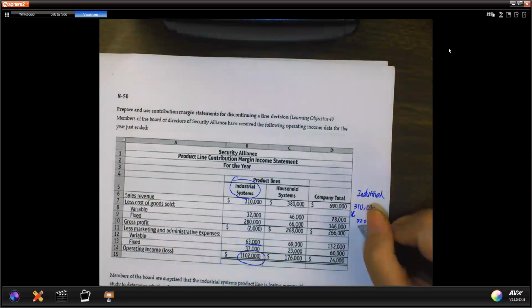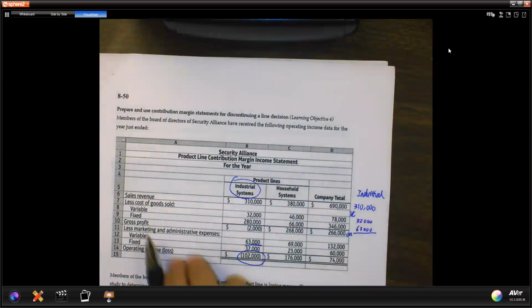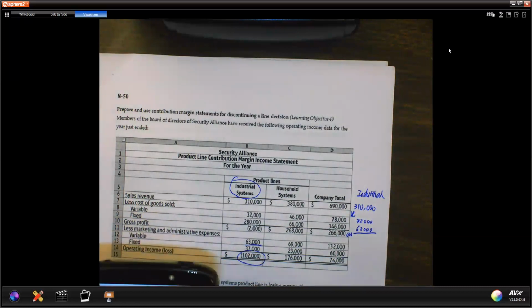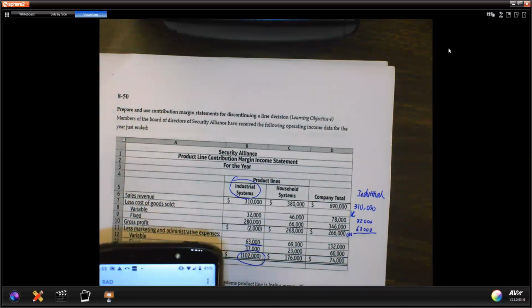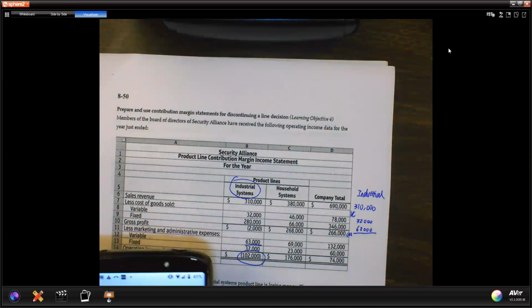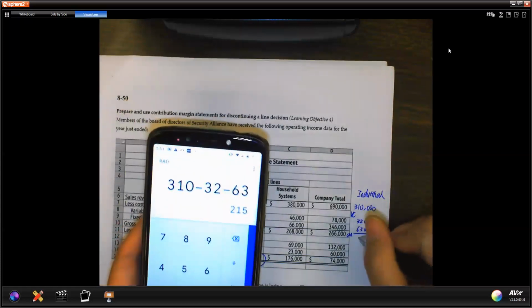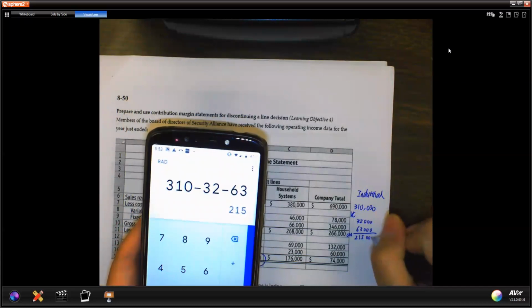So my contribution margin, instead of gross margin, is 310 minus 32 minus 63, which gives me 215,000 as my contribution margin.